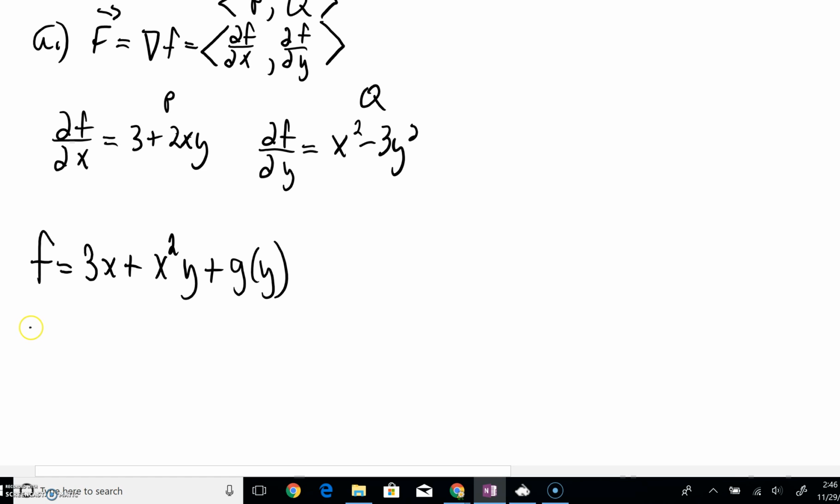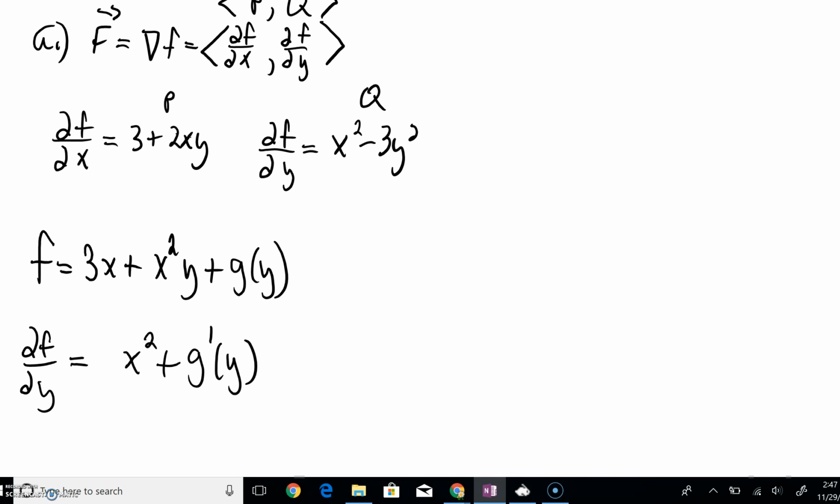But now I could also take a derivative of f with respect to y, because I have information about that from Q. Take your derivative of 3x with respect to y, that's 0. Take your derivative of x squared y with respect to y, and you'll just have x squared. And take your derivative of g of y, and you'll have g prime of y. Now, you might wonder why we did that.